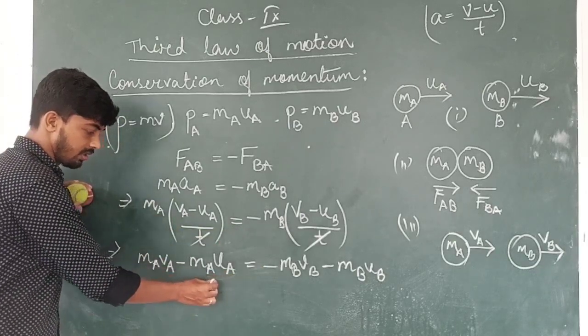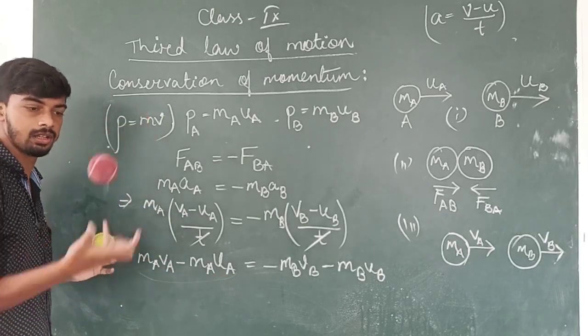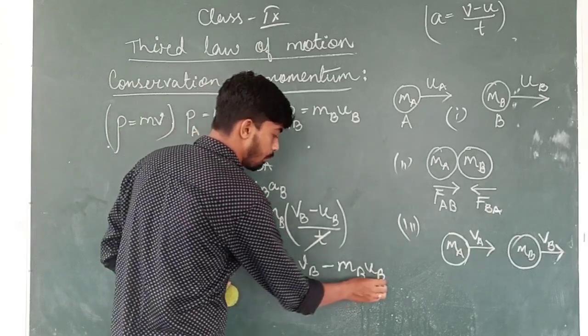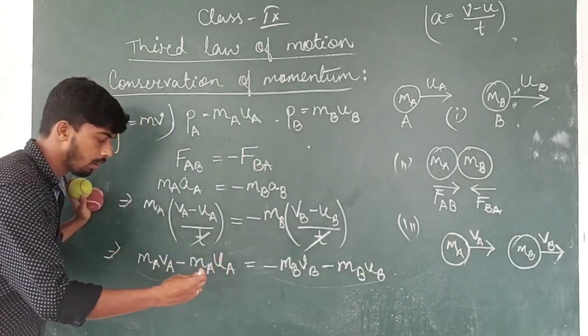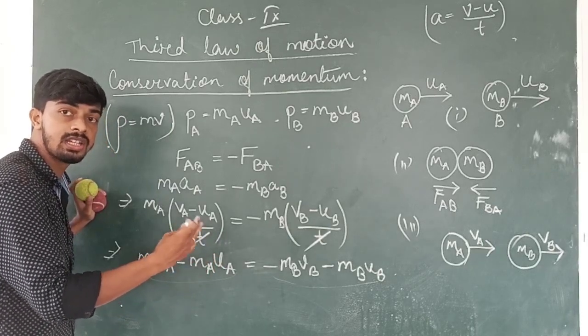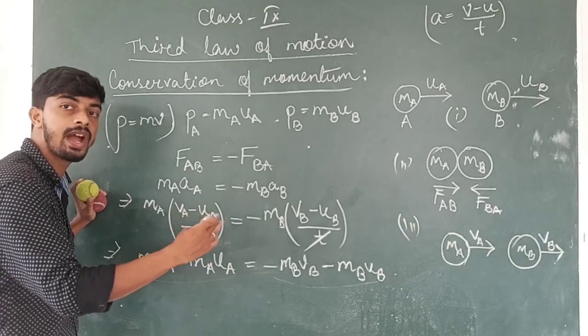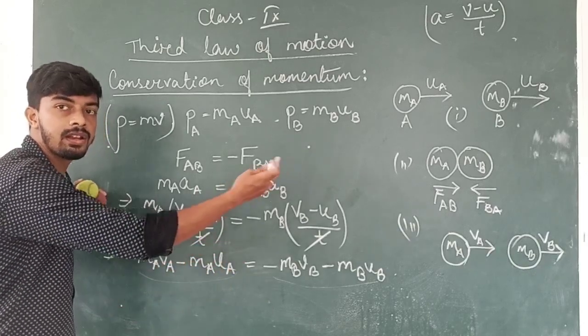So here this is the component of object A, and this is the component of object B. Now what we will do, we will take the initial velocity components and the final velocity components separately. Initial will be together, final will be together.